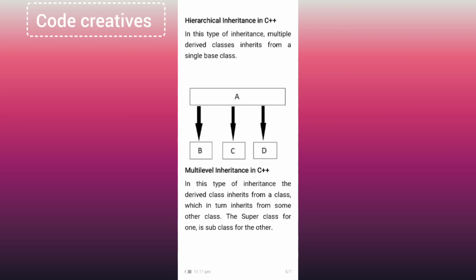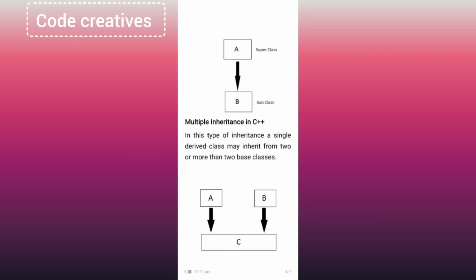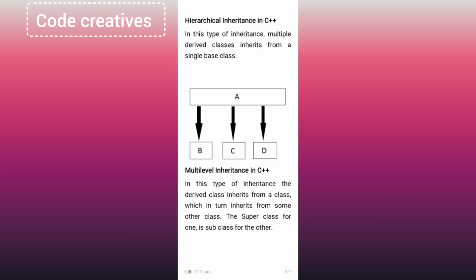Then next is hierarchical inheritance. It is the reverse of multiple inheritance, in which multiple derived classes inherit from a single base class. In multiple inheritance we have a single derived class and multiple base classes, and in hierarchical we have multiple derived classes and a single base class.